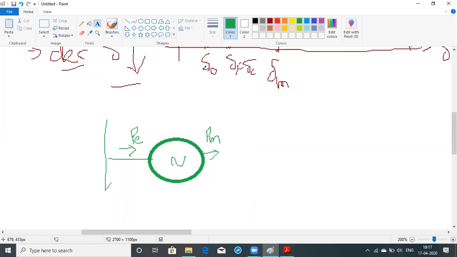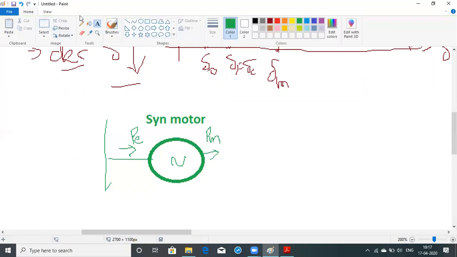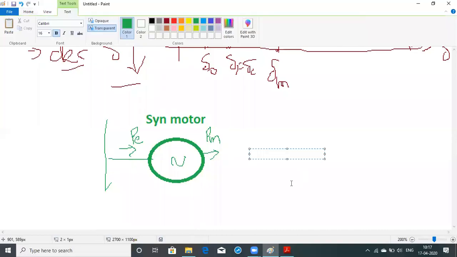The accelerating formula is different, because this is a motor. This is a synchronous motor only. Synchronous motor. Equal to P minus PS.